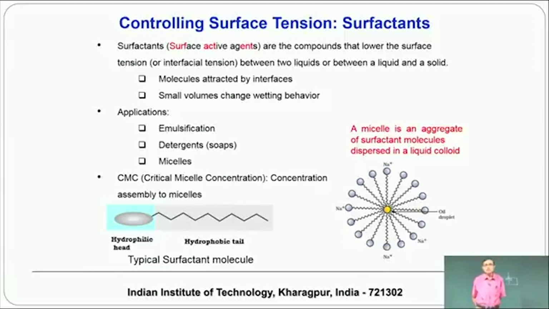These molecules are essentially attracted by interfaces, and small volumes of these surfactants can change the wetting behavior completely. By lowering the surface tension, these surfactant molecules act magically, and they have applications in many areas like emulsification, detergents like soaps will have lots of surfactants, micelles, and you can create a typical surfactant molecule with a hydrophilic head and a hydrophobic tail.